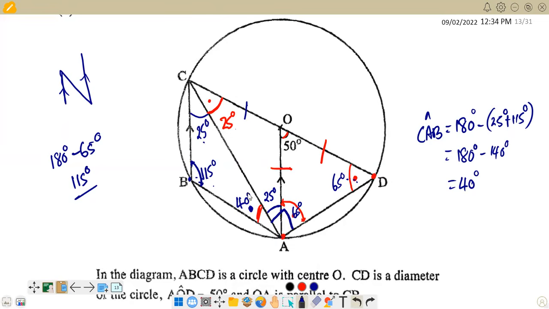Okay, so this is the concept of parallel lines. It helped us to know that this angle and this angle are the same. But you see that triangle OAC played also a role, because we used the radii concept, that radii are the same. So using this radii concept, we end up with an isosceles triangle.